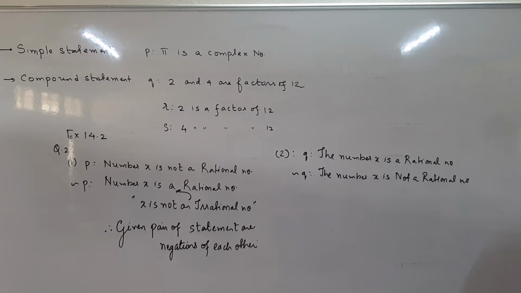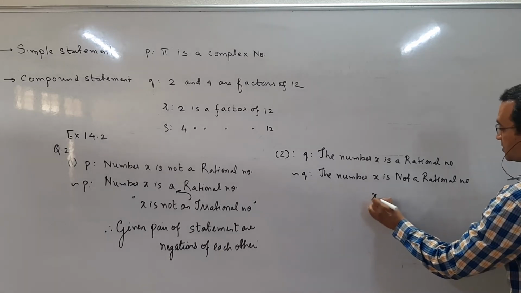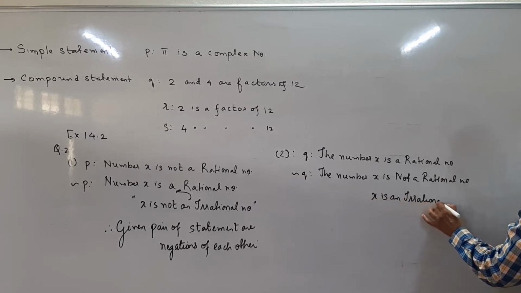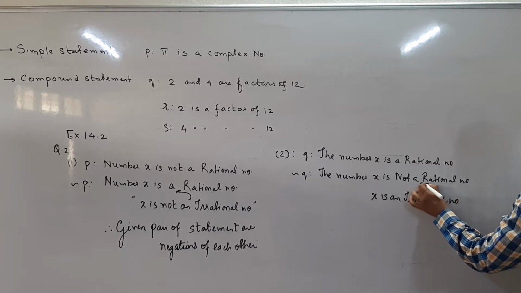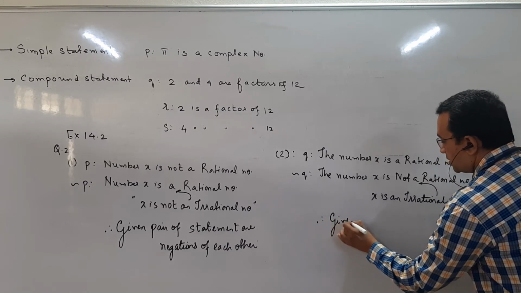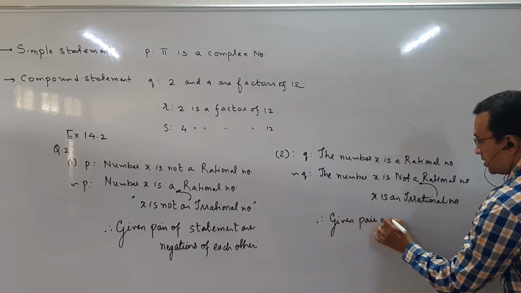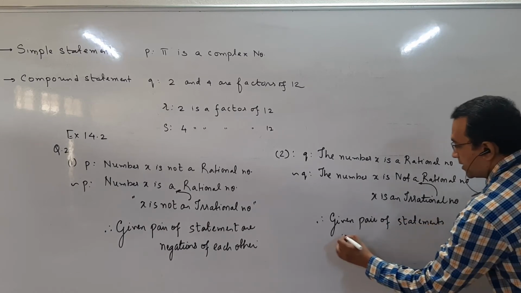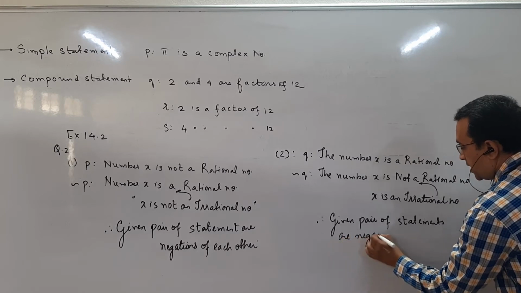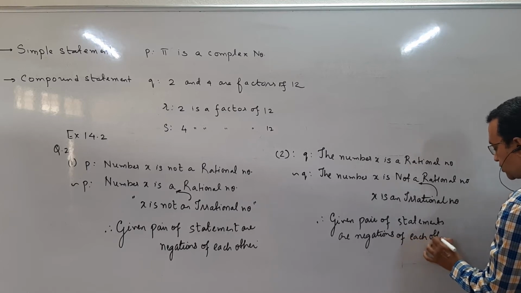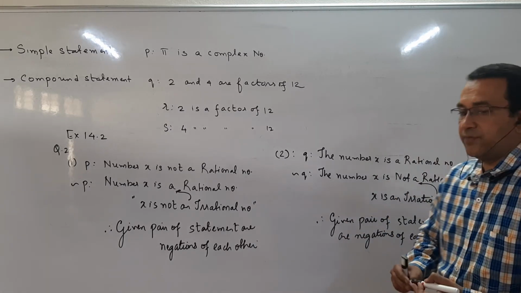Now what is given? The number x is an irrational number. Not a rational number means x is an irrational number, so it is one and the same. Therefore, the given pair of statements are negations of each other.